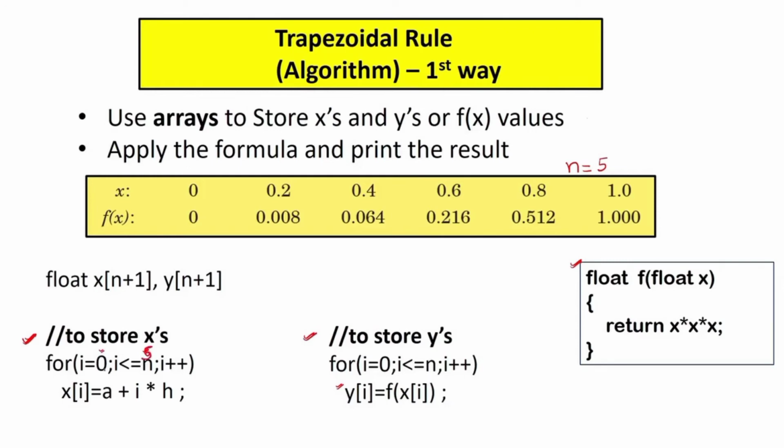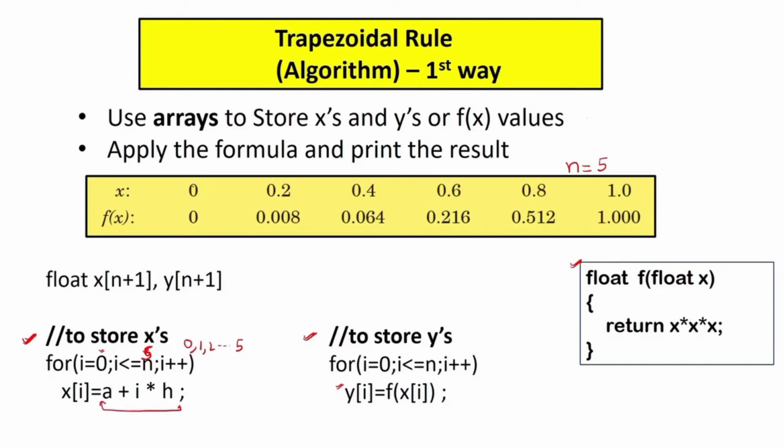As the loop is starting from 0, my values will be stored from index 0, then 1, then 2 and till 5. So a total of 6 values are stored. Now this is xi, so xi will be x0, x1, x2 and so on till x5. Here these are the values which have been calculated for x.